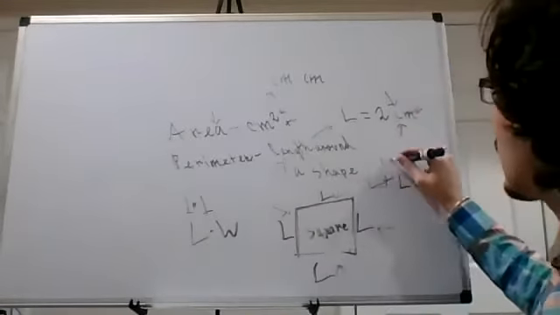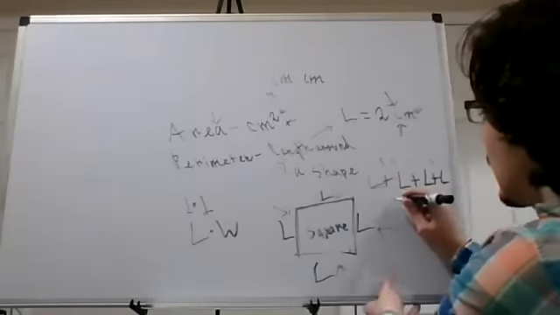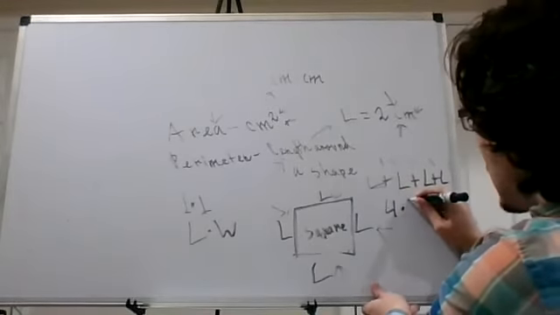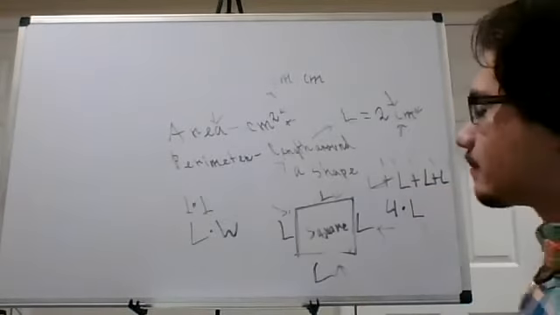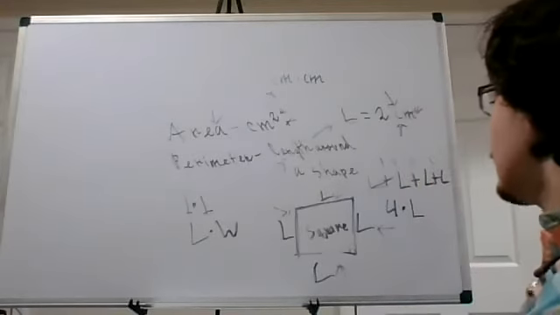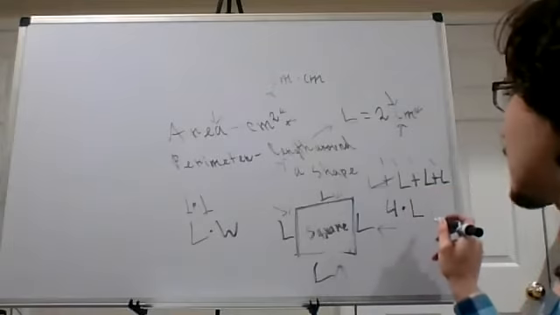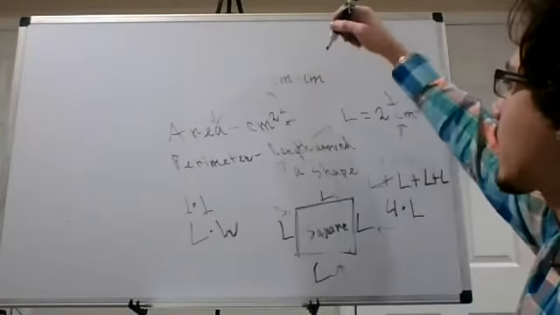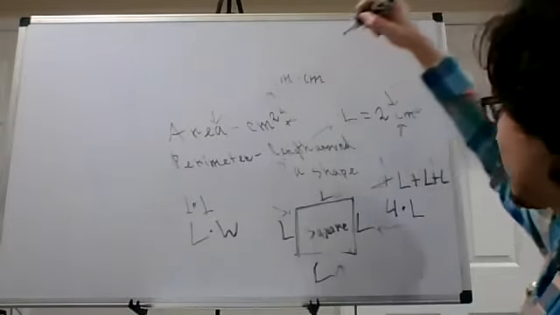And since these are all the same, this would be the same thing as 4 times the length. Now saying 4 times the length is different from saying a certain amount of centimeters times a certain amount of centimeters.